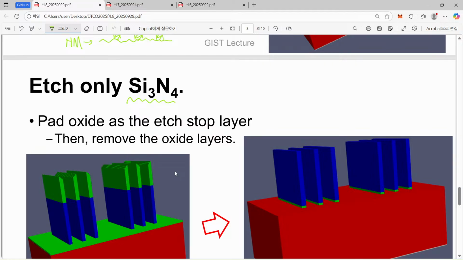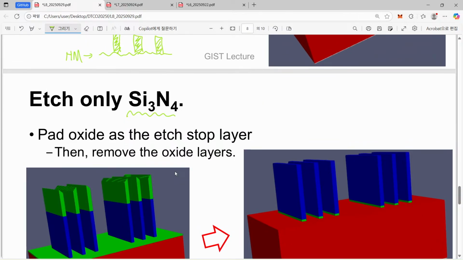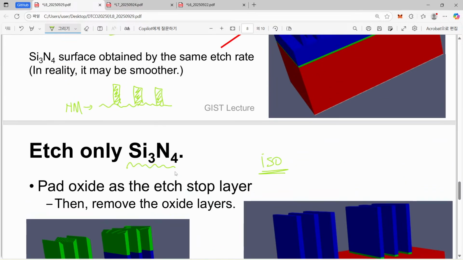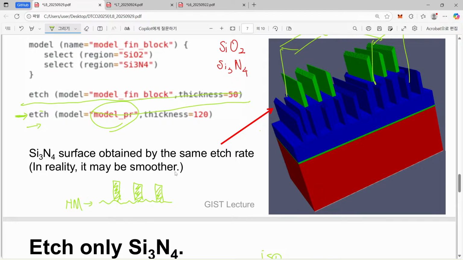And especially important, we have to do it in an anisotropic way. If we do isotropic etching for this case, then obviously the region underneath this silicon dioxide layer will be damaged.